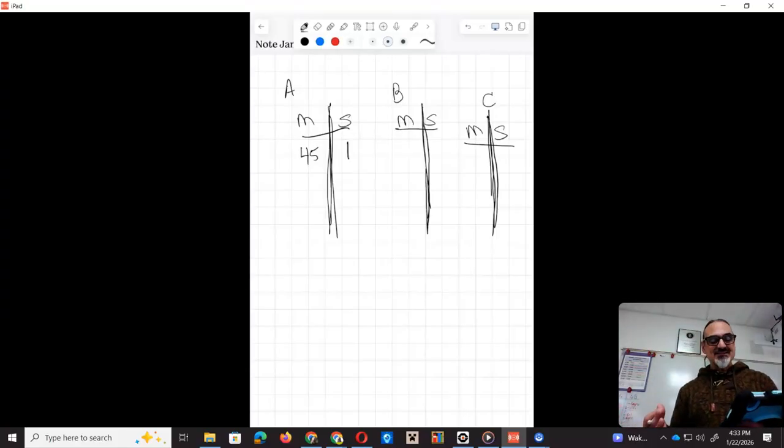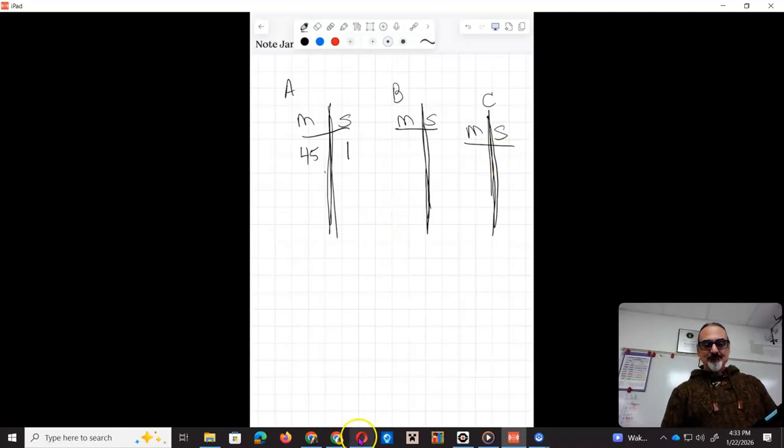Here's what we learned in class. Any ratio which compares 2 numbers where one of the numbers is 1 is what we call a unit rate. One of these 2 numbers has to be 1. So this one is already a unit rate. So I told the kids, hey, don't mess with that one.